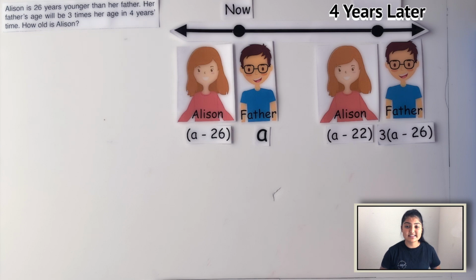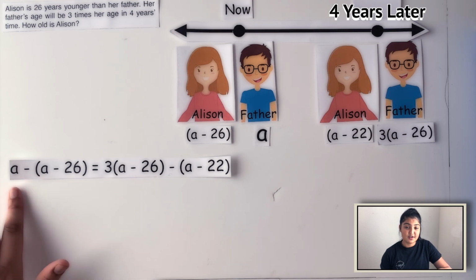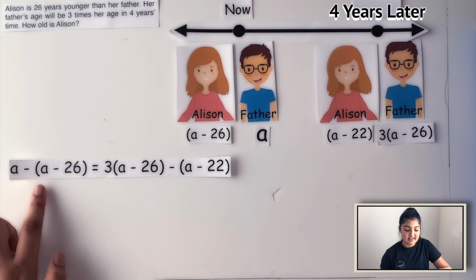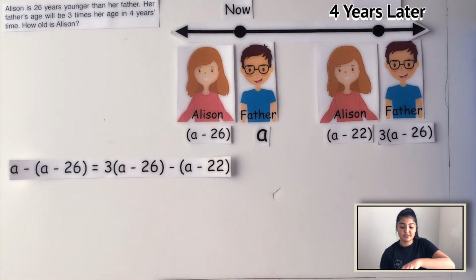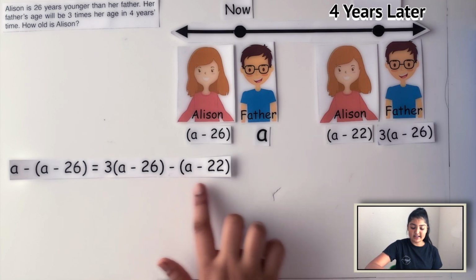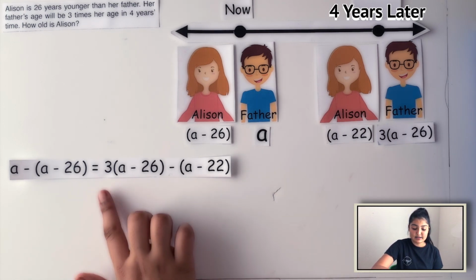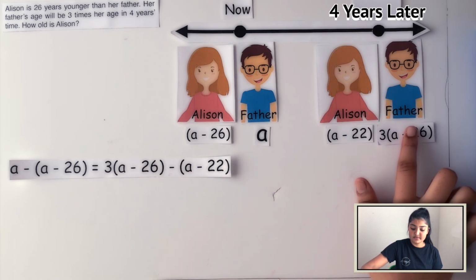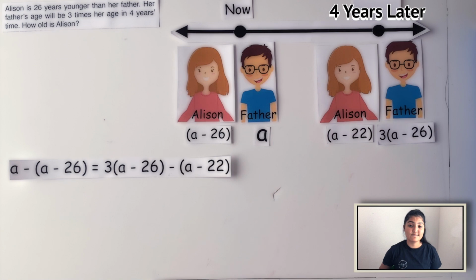So let's write this out in an equation. On the left side of the equation is the difference between her father and Alison's age now. And on the right side of the equation is the difference between her father and Alison's age 4 years later.